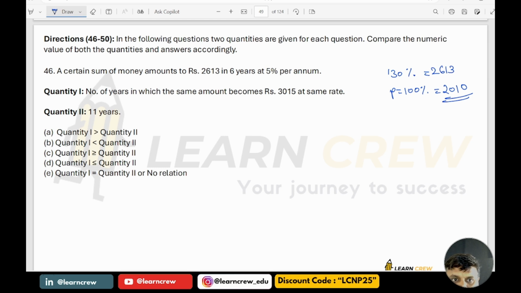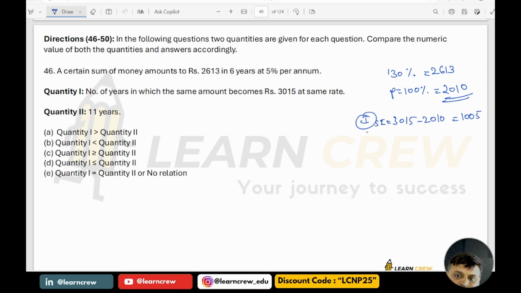Number of years in which a certain sum of money becomes 3015. Okay, this is what is given. The principal is 2010, and the number of years in which the same amount becomes 3015. So if you see, total amount 3015, principal 2010, thereby the interest amount is 1005.